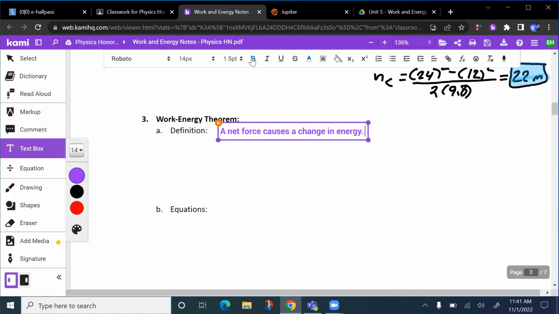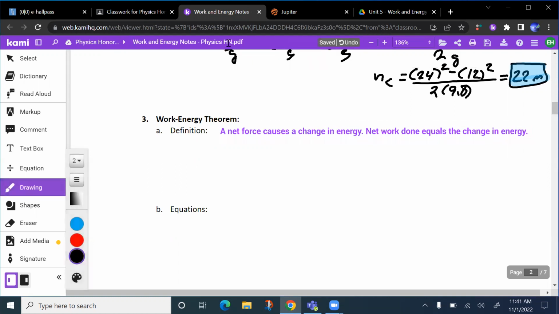And we can state it as a net force results in net work done. So net work done on an object equals the change in energy. All right, let's see how the equation can be written.